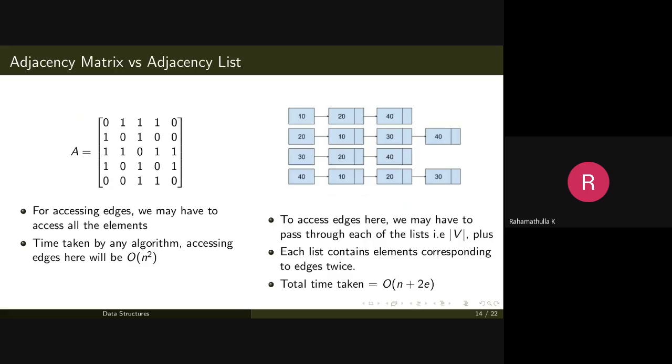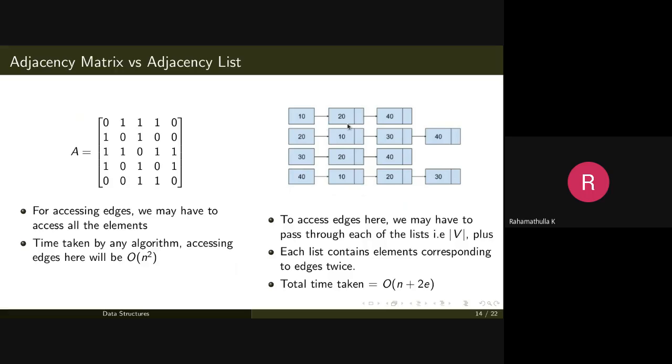Whereas to access an edge in the case of an adjacency list representation, we'll have to pass through each of the lists. That is, there are 4 lists in this case, that is the number of vertices, plus each list contains elements corresponding to the number of edges, and that too twice.